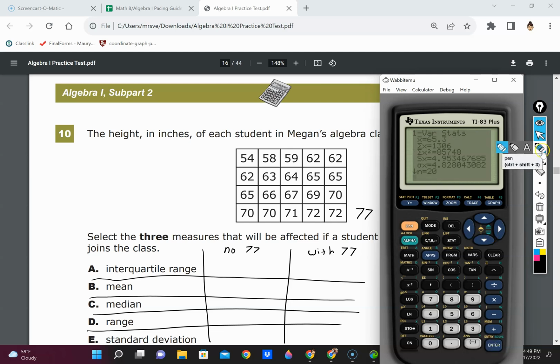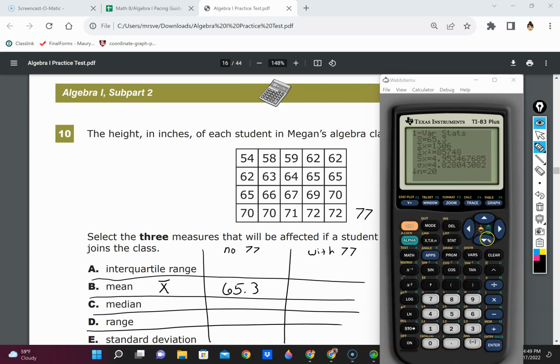Now let's talk about what each one of these represent. The first thing that you see is the x with a bar over it. That is representing your mean, your average. So with no 77 in there, we have about 65.3.